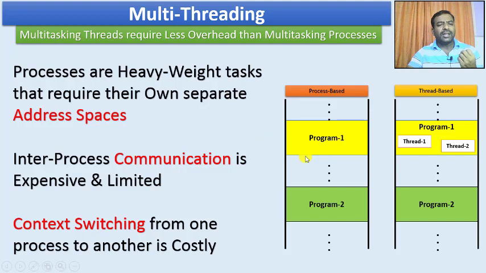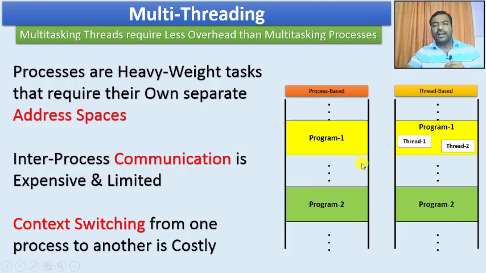In that case, inter-process communication is going to be expensive and limited as well, because they cannot use the same address space. I need to use some mechanism, bridge a connection between these two, and then move the data back and forth between the processes. Hence we call this expensive as well as limited.